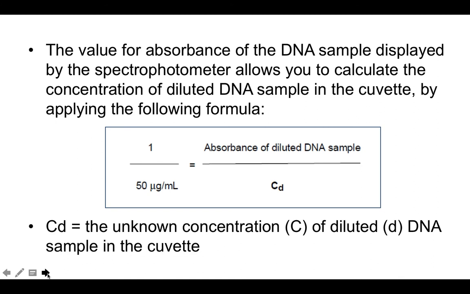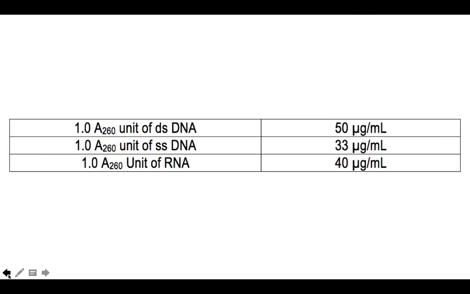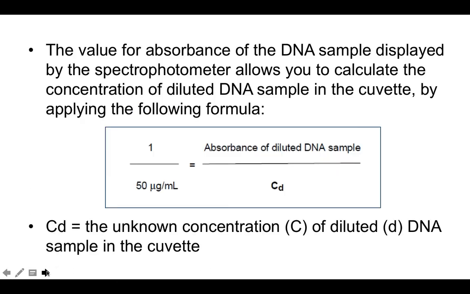Here we can see the relationship between the accepted conversion values on this slide, the absorbance value that we expect to be churned out by our machine, and the unknown concentration of the diluted DNA sample that we actually want to determine. So this is the major value that we want to calculate using our accepted conversion values.